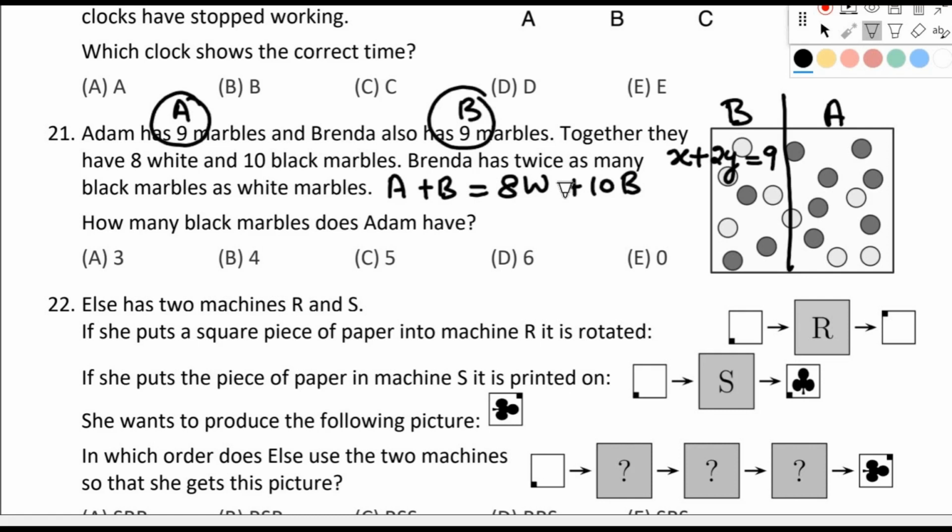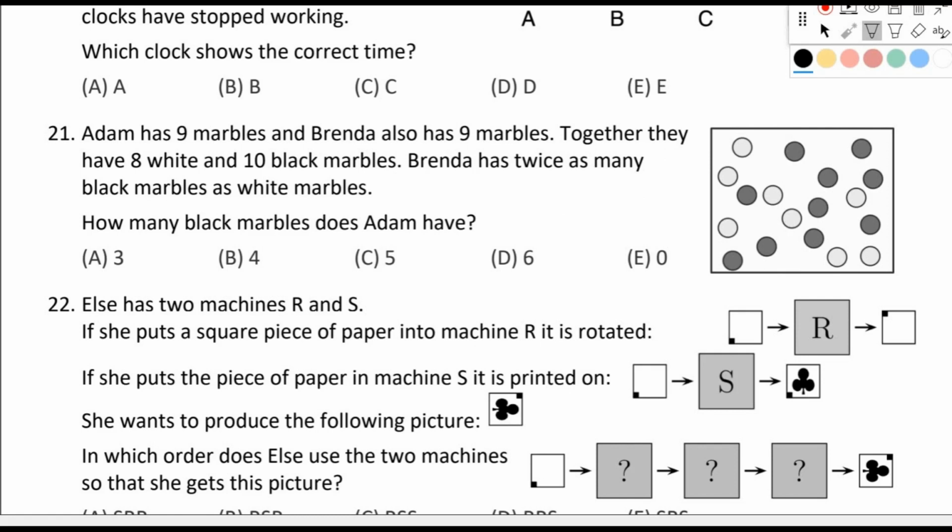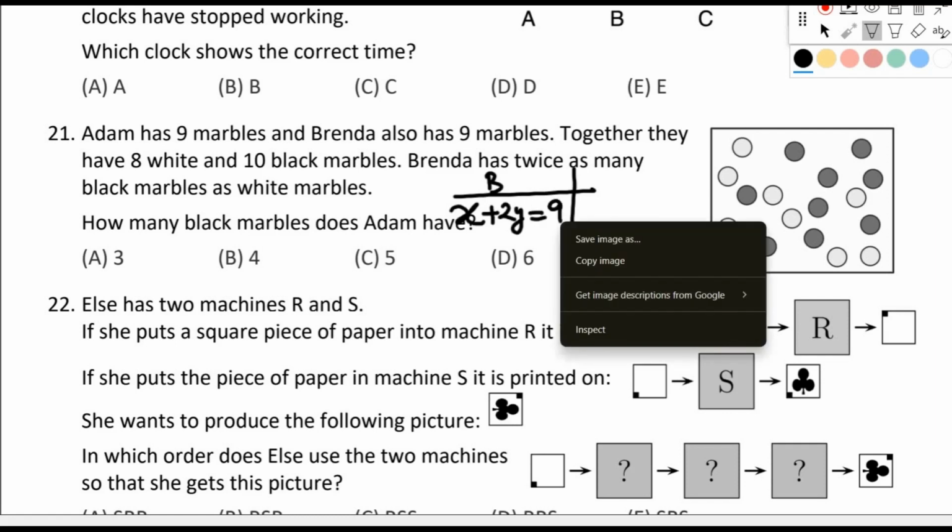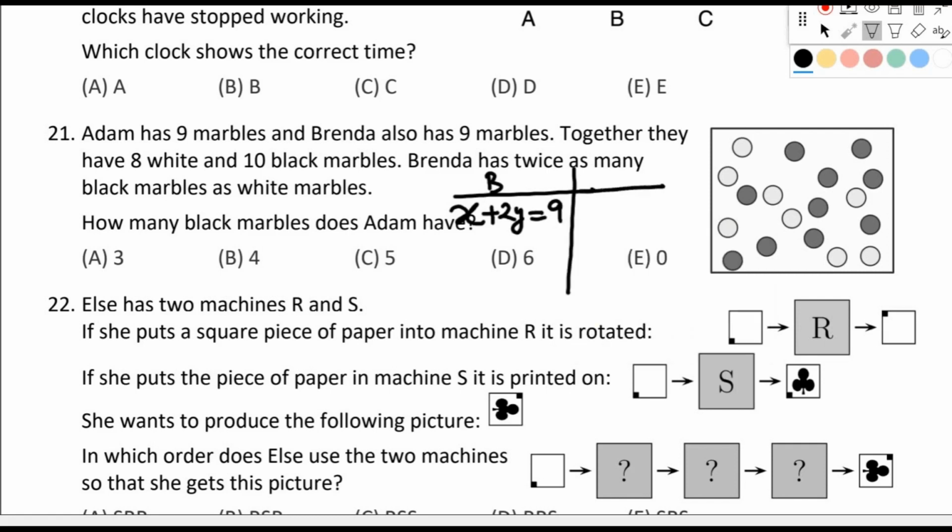For Brenda, my equation is X white marbles and 2Y black marbles. Together, she has 9 marbles. And Adam has some white marbles and black marbles. Let's see which equation suits well. So say for example, y is 1.